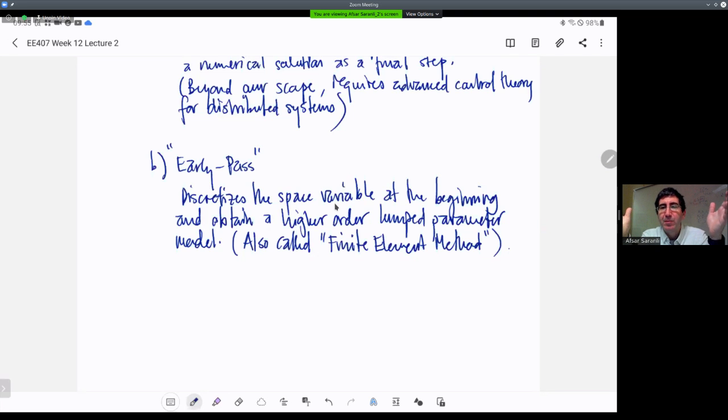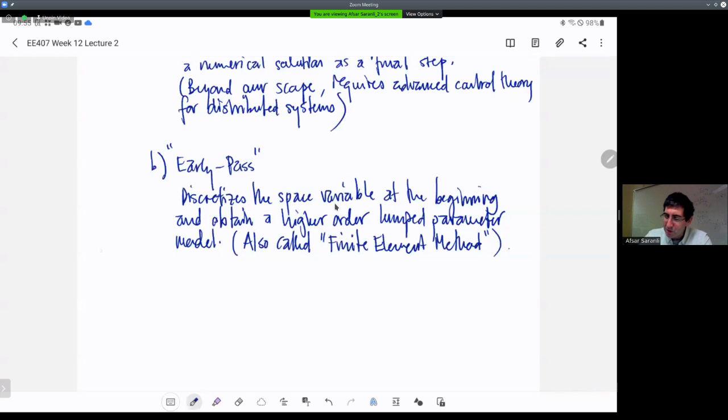Obviously, the higher the number of elements, the closer you are to the continuous solution, because these segments are becoming smaller and smaller, approaching an infinitesimal element that we use to derive the partial differential equation. So this finite element method is one way of dealing with partial differential equations, and what happens is that you transform that partial differential equation of a much lower order into an ordinary differential equation of much higher order.